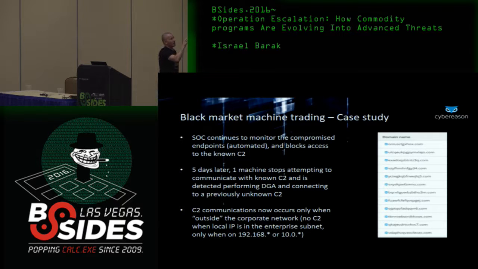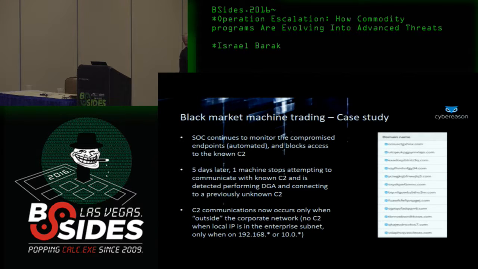Now, the second upgrade that we saw here, the operator of the click fraud tool converted that machine and prepared it for a sale process. The second step was to change the profile of the C2 communication so it only occurred when the machine was apparently outside the corporate network. Before that, the C2 communication would happen all the time, and obviously get blocked by the organizational setting of blocking the C2 IP address.